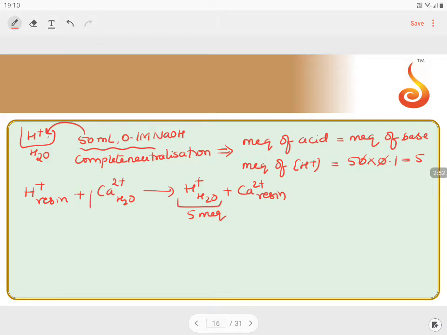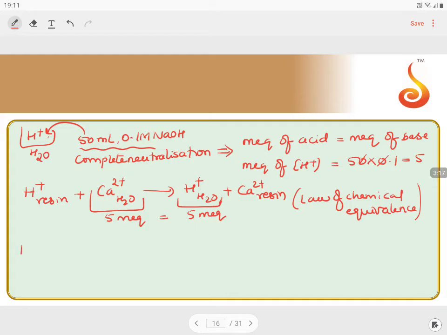Then the Ca2+ in the water should also be 5 milliequivalents according to the law of chemical equivalence. The H+ formed in the water should be equal to the Ca2+ originally present in the water, in number of equivalents.